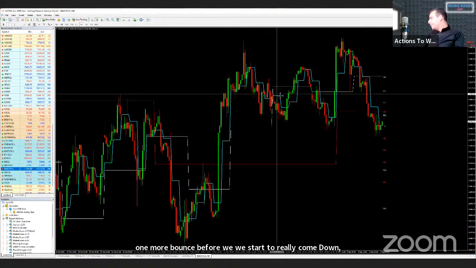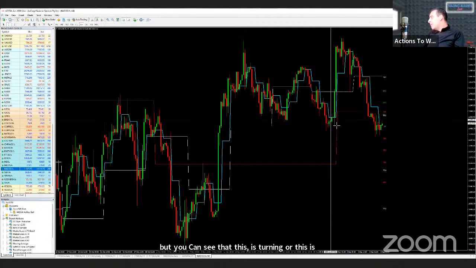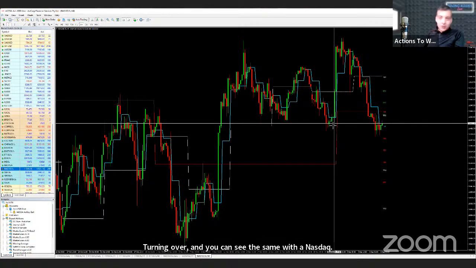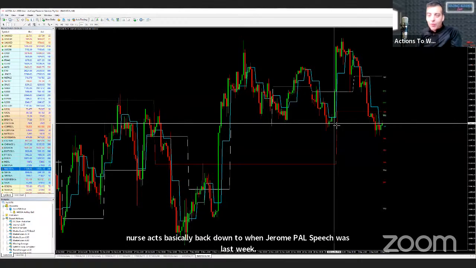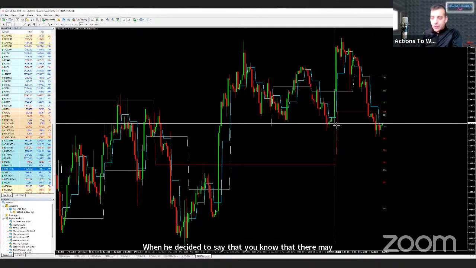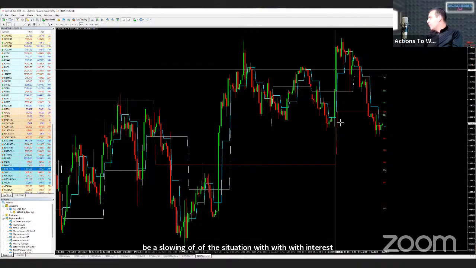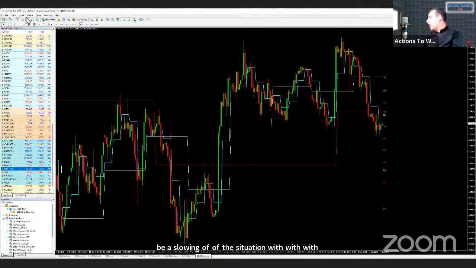You can see the same with the Nasdaq. The Nasdaq's basically back down to when Jerome Powell's speech was last week, when he said that there may well be a slowing of interest rate rises, and we've basically reversed the whole move, but we are at a point of support down here with the Nasdaq. There's the pattern there, which we've now tested.